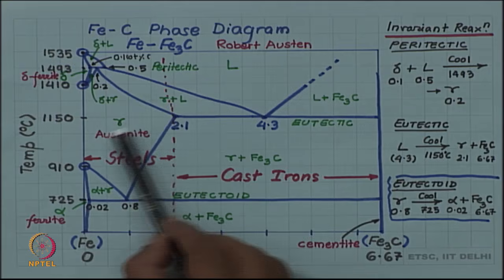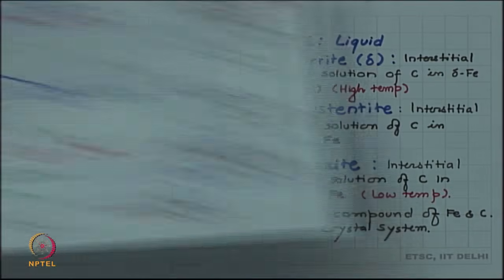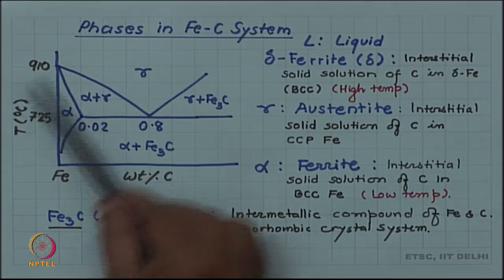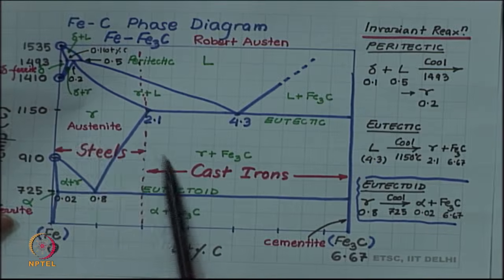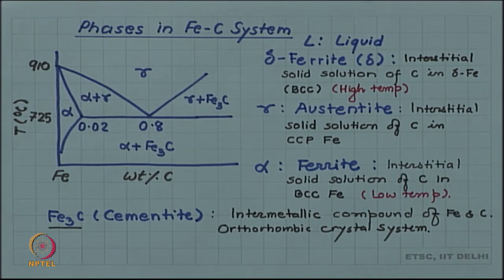And the names of different phases, of course, you have to gradually commit them to memory, and then this region of the phase diagram, the low temperature eutectoid region, is what is important and what we will focus on in the forthcoming videos.